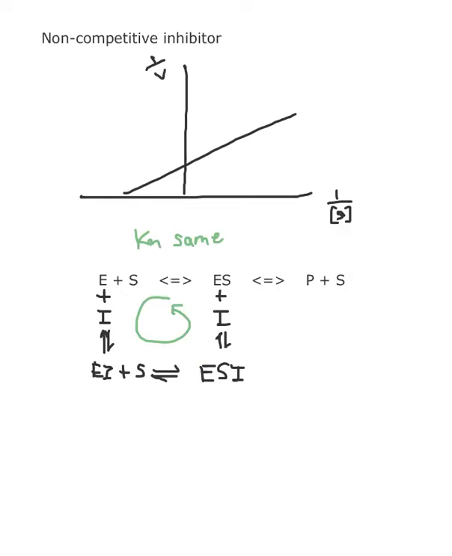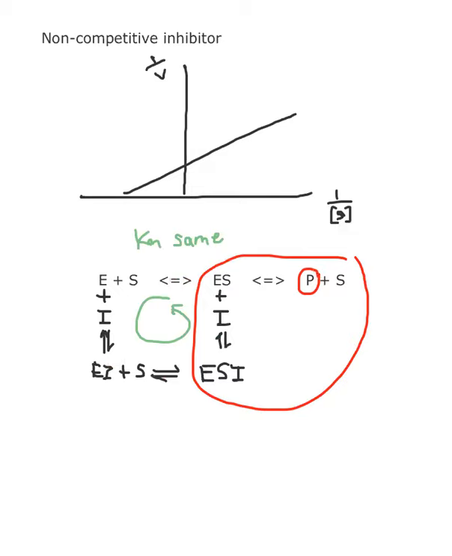But what happens with the Vmax is that the product would not be produced at the same rate anymore because the enzyme substrate complex is kept in this loop but cannot form the product.